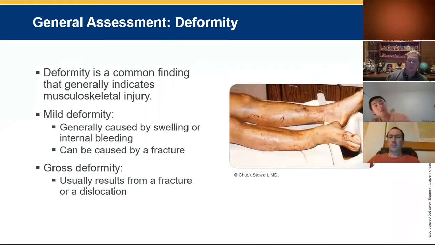You might see some bruising initially. Usually bruising doesn't start until a little bit later, maybe by the time you get them off the hill and down to the base, you might start to see some discolorations. Obvious gross deformity, you're going to go, okay, this could either be a dislocated ankle or a fractured tib-fib, at the joint or above the joint. Next, please.